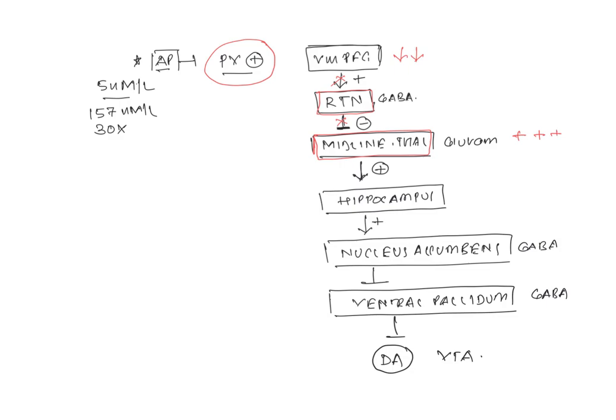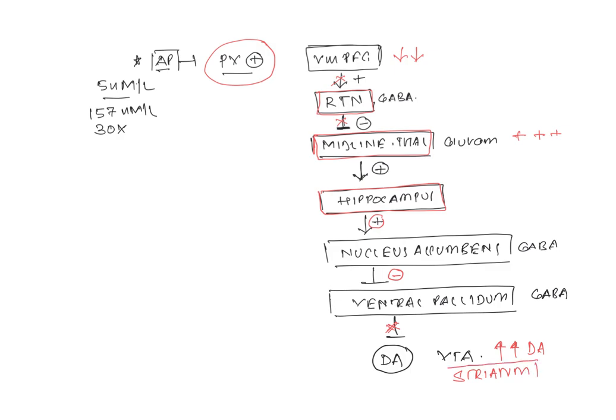So now the midline thalamic nucleus is activated. It's glutaminergic in nature, so it will stimulate your hippocampus. And the hippocampus, in turn, will then stimulate the nucleus accumbens, which in turn will inhibit the ventral pallidum. And the ventral pallidum then is not able to inhibit the dopaminergic neurons in the ventral tegmental area, causing an increase in the release of dopamine into the striatum or the basal ganglia.